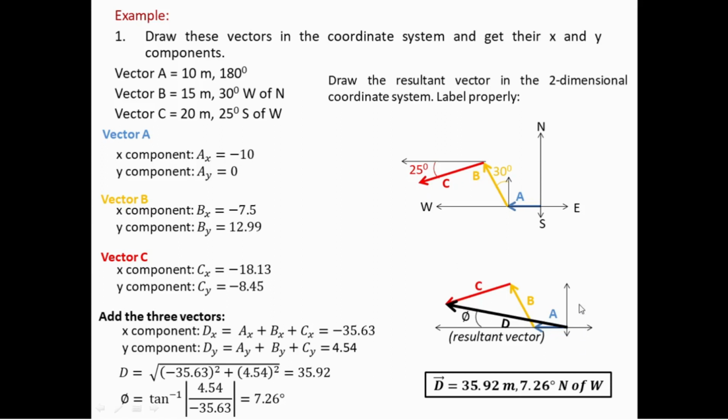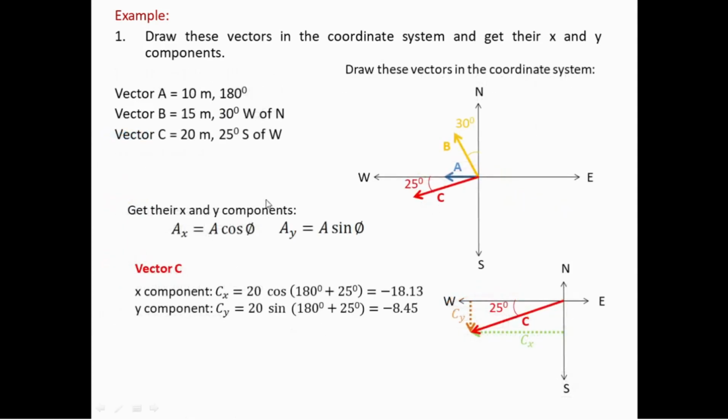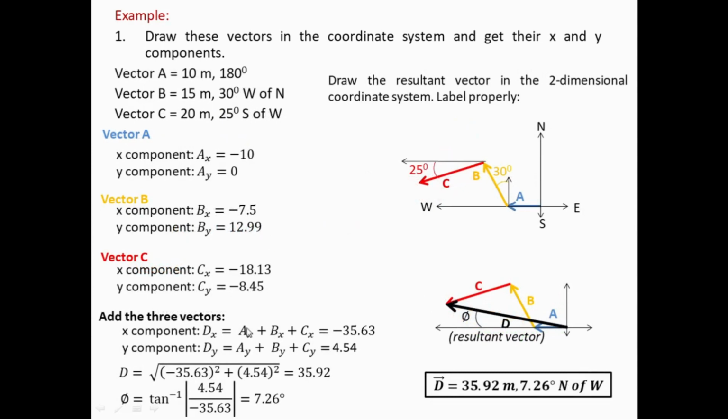But the disadvantage of using this, since this is a graphical method, is that the accuracy of this method depends on how accurate you are using your ruler and protractor. So when solving problems in physics, I highly recommend that you use the analytical method, which is using these equations as well as these equations here, because this is exact and you are actually using a calculator and calculation generally.